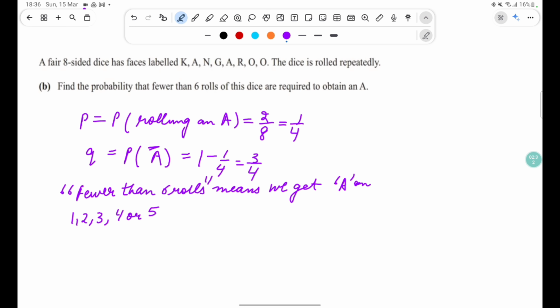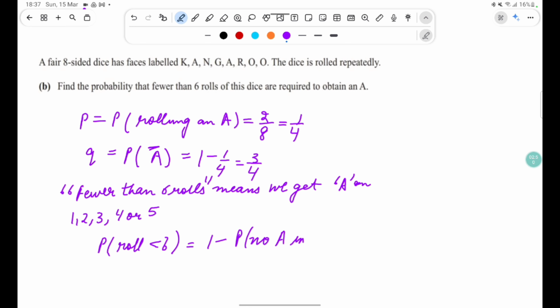So the probability is equivalent to 1 minus the probability of no A in the first 5 rolls, which is equal to 1 minus (3 by 4) to the power 5. If I solve this, it will be 1 minus 243 over 1024. Now if I solve this further, I'll get 781 over 1024. This will be our final answer.